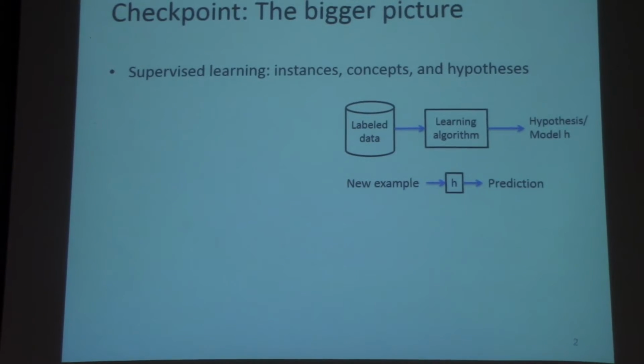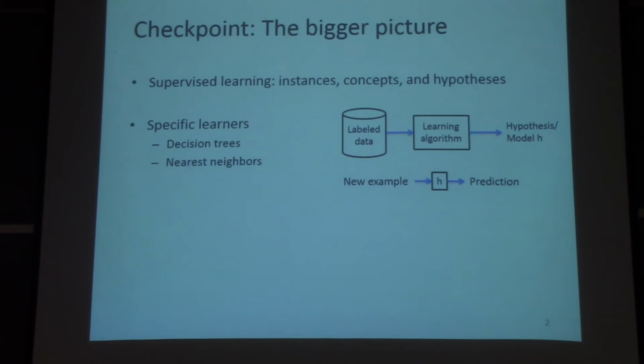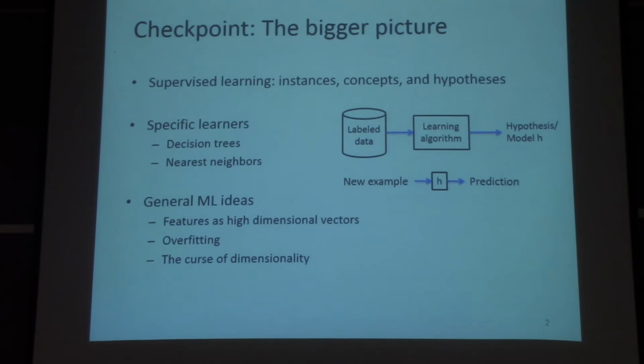In particular, we looked at two learning algorithms, one for decision trees and one which is kind of a fake algorithm because it's so simple, the nearest neighbors classifier. And we also looked at some rather important machine learning concepts. One is overfitting versus underfitting, and I didn't talk about underfitting much, but we certainly saw examples of overfitting.